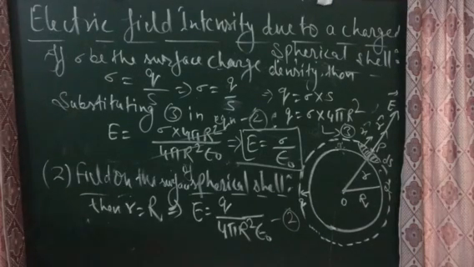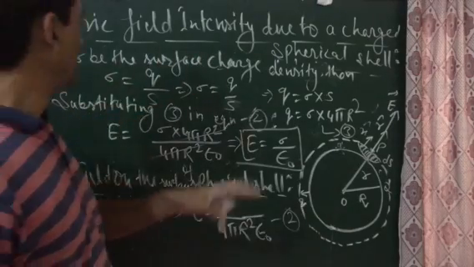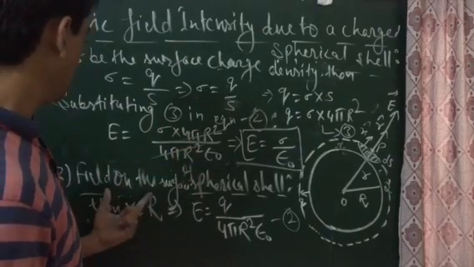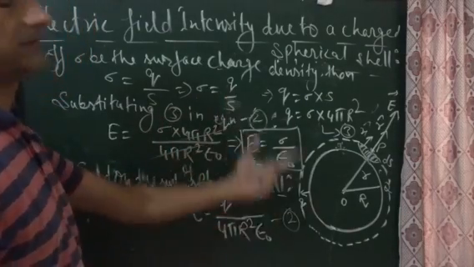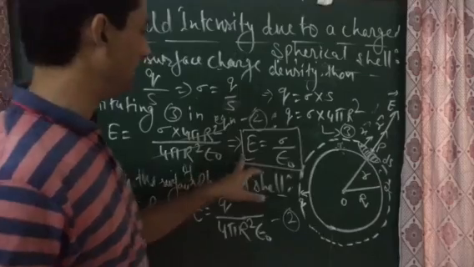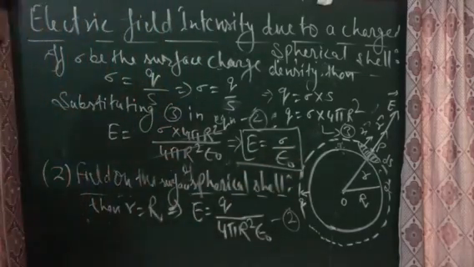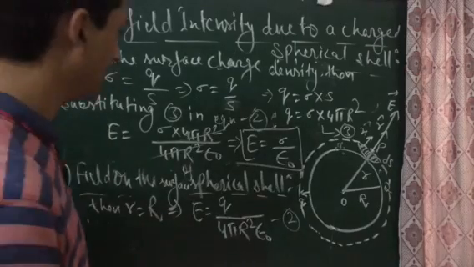So ये है इलेक्ट्रिक फील्ड इंटेंसिटी on the surface of spherical shell, that is E is equal to sigma upon epsilon naught.